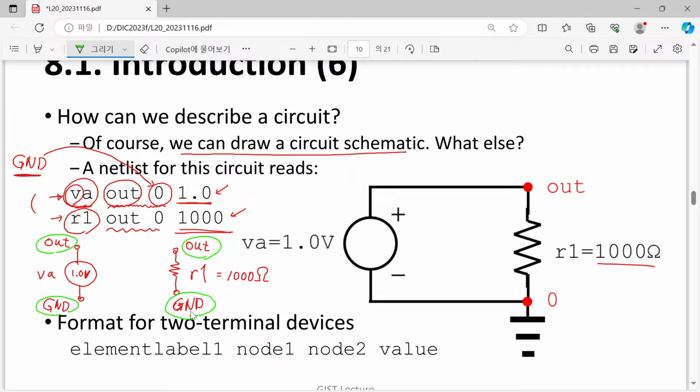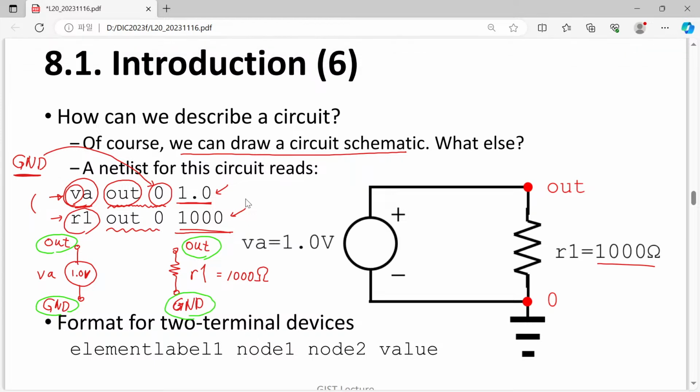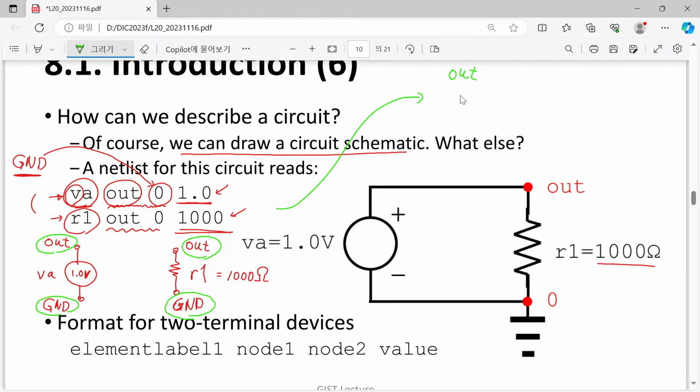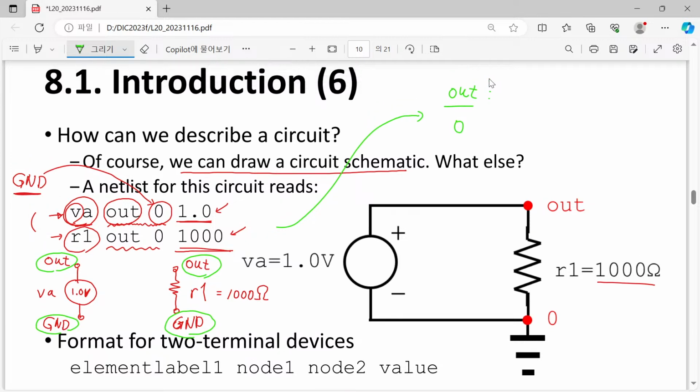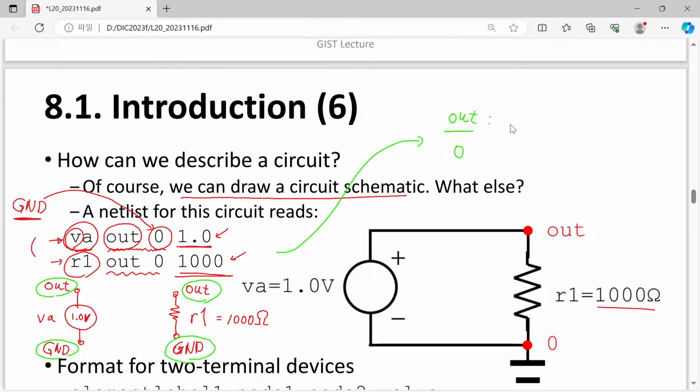Then our program SPICE should collect them all. So after this is over, internally it tries to collect node names. Which nodes are found? Yes, I have found a node called out, and I have found a node called null, ground, and please try to find out terminals connected to this out.